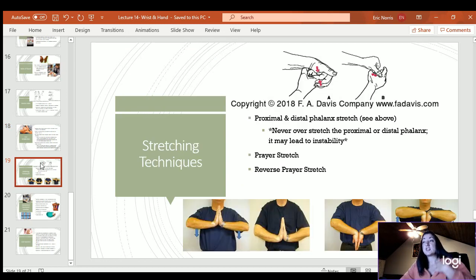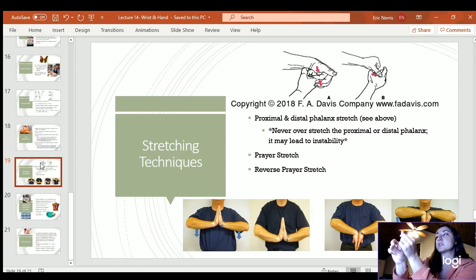All right, so stretching techniques. The main stretching techniques: you can block an area and stretch what's distal to that area. So I could block just below the MCP, metacarpophalangeal joint, and then bend there. I could block just below the PIP, proximal interphalangeal joint, and stretch there.